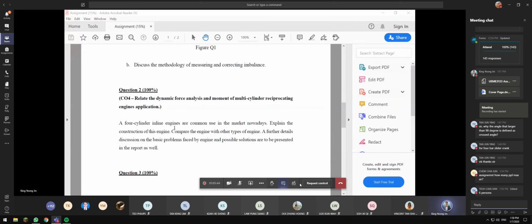Normally when we go more than 6 or more than 8, the engines become a V configuration, so we call them V engines. That's why you see some cars are V8, V12, or V10 engines.